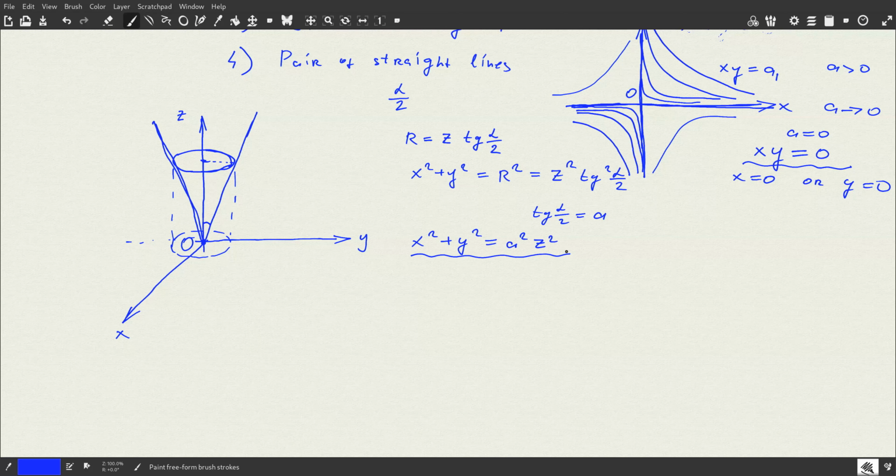This is, by the way, an example of a second order or quadratic surface in 3D. Later on, in the course of our lectures, we'll study many other types of such second order surfaces. But for the moment, we are interested in the cone, so that's the cone. Okay?